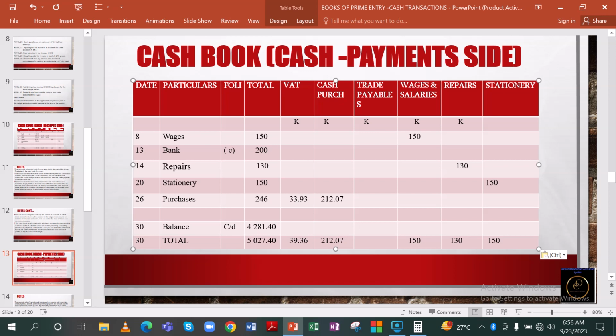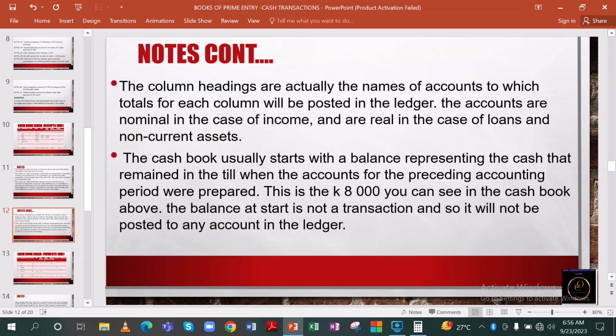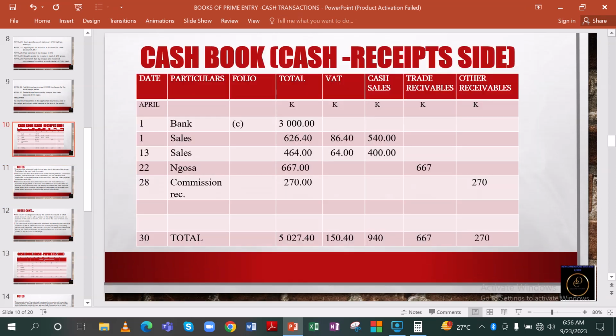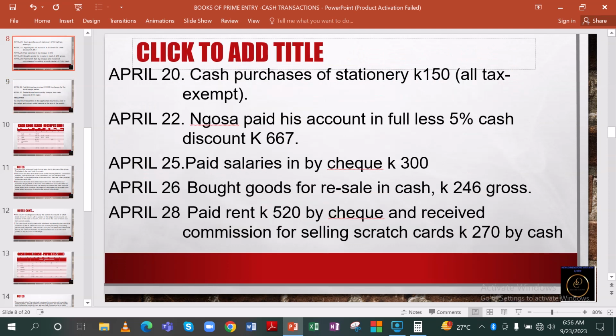Okay, fine. So then we move on to look at the next transaction. What is the next transaction? The next transaction is on 28th April. Paid rent 520 by check. Received a commission for selling scratch cards of 270.